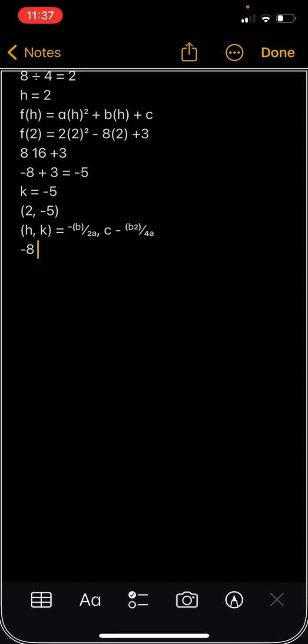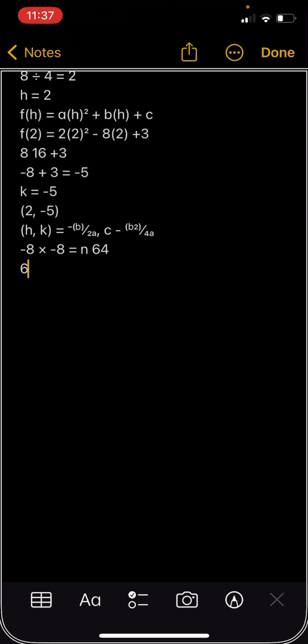Negative 8 times negative 8 will be equal to a positive 64. That's the first part. So we have squared the b term. Now we have to divide that by 4 times the a term. The a term is 2, and 4 times 2 is 8.